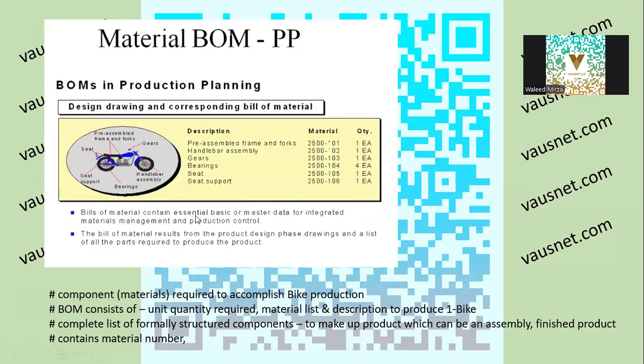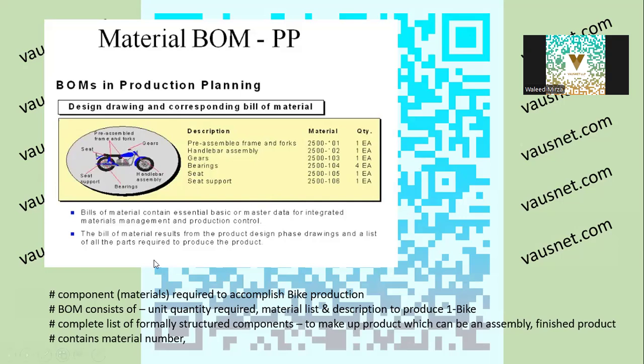Now, the material contains essential basic master data for integrated materials and production control. But it does not tell you the process. It tells you the components, the list of tools that you need. The bill of material results from the product design phase, so the design department will give you the BOM.